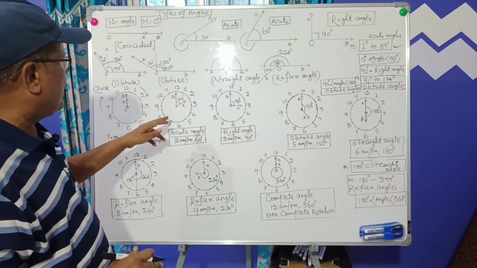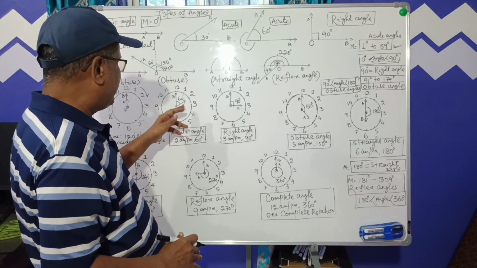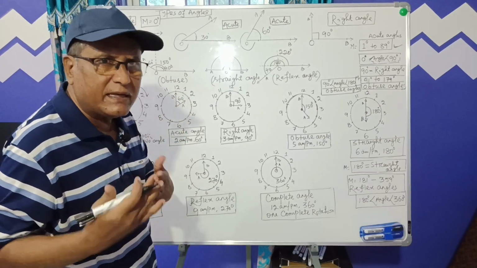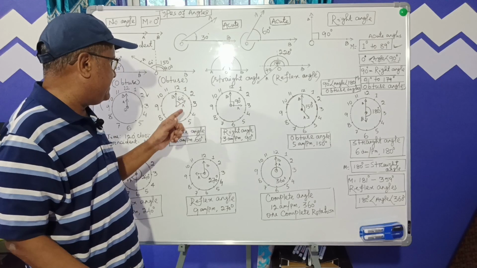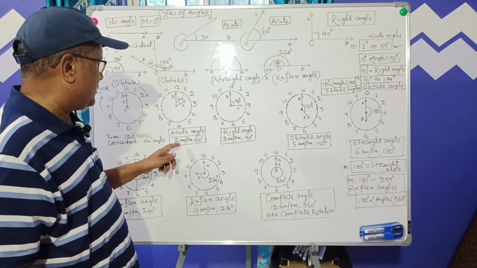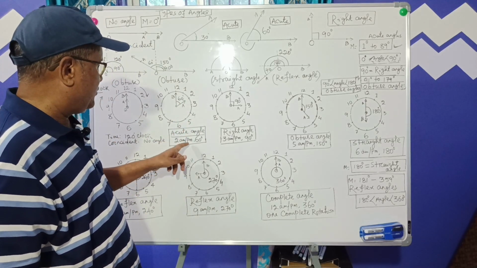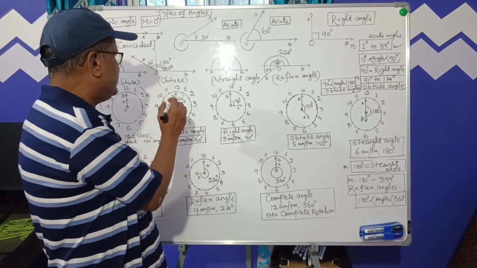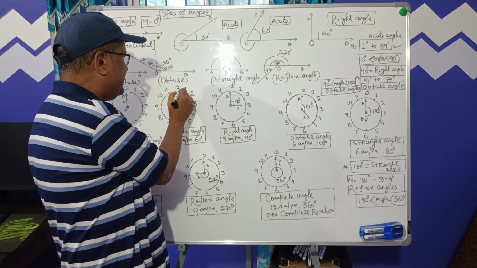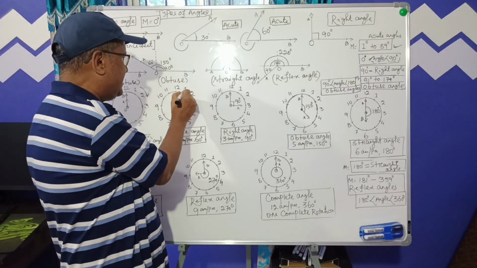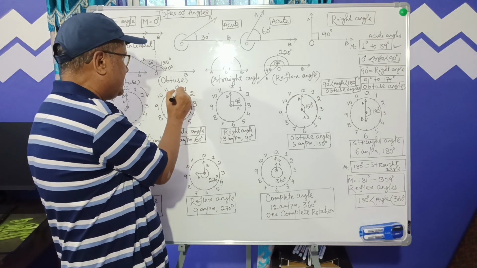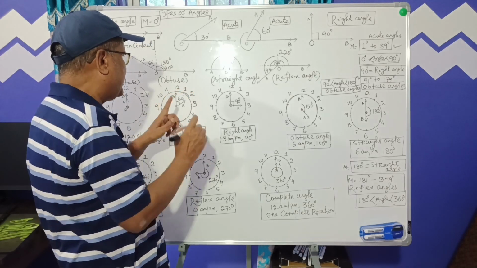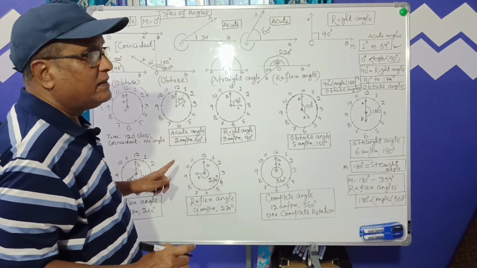Okay. Now come to this. Here, you look at the clock. At a glance you can say the time is 2 o'clock, 2 a.m. or 2 p.m. Now you see, for 1 minute, that is 6 degrees.